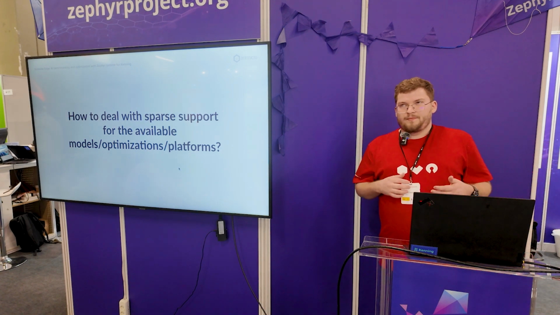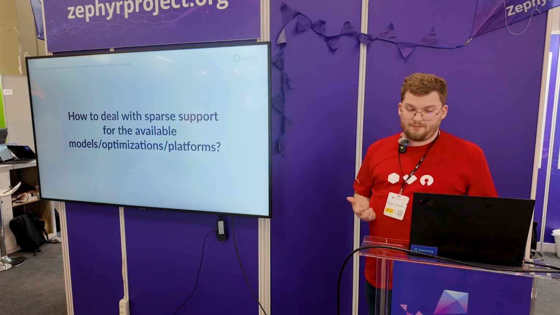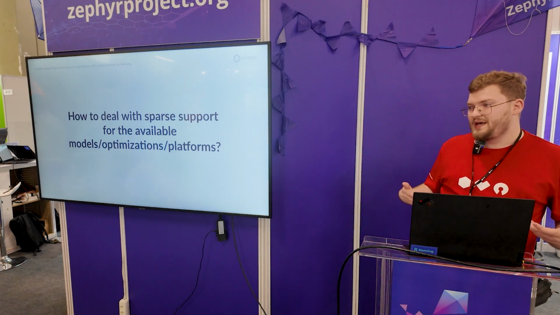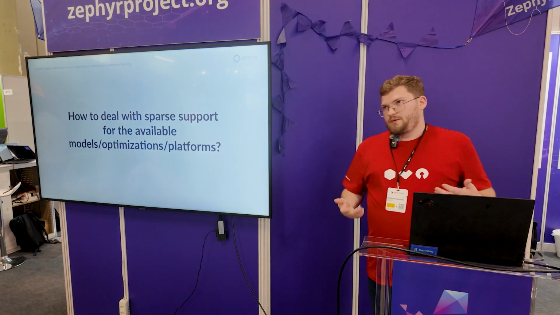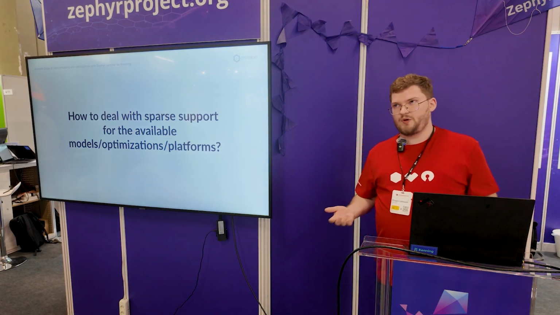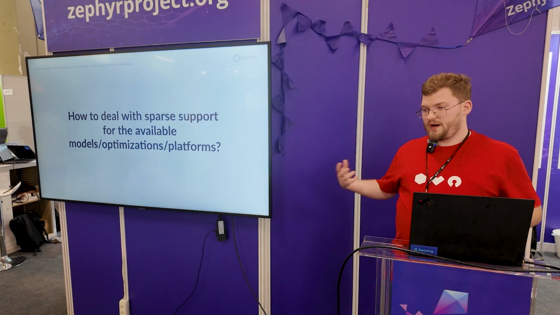Now, the sparse support for available models, optimizations, and platforms can be troublesome. For instance, we may want to check out some new quantization algorithm that appeared in the neural network inference framework.